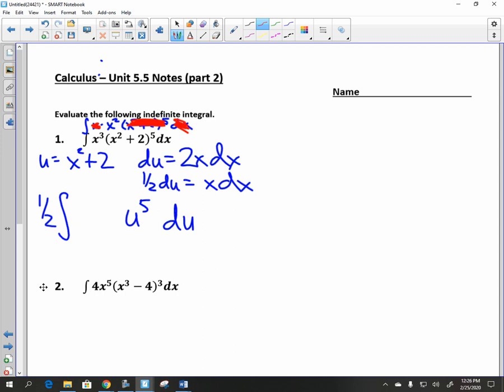I wish that there was some equation up here that related u and x squared together. u minus 2 is x squared, isn't it? Whoa. So therefore, instead of x squared, I put in that place u minus 2.